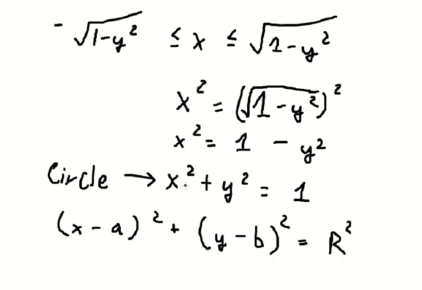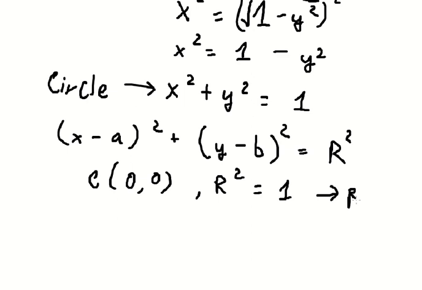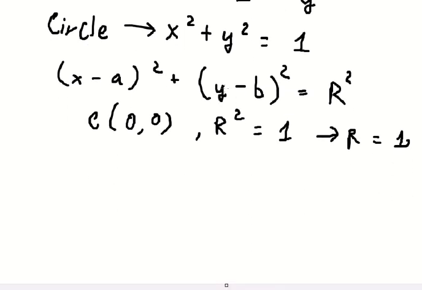So we don't have a and b. That means the center is 0, 0, and the radius is number 1. So we need to graph the circle in here.